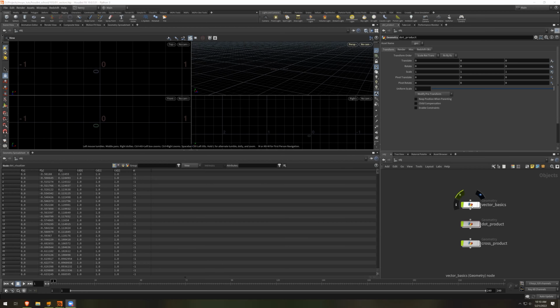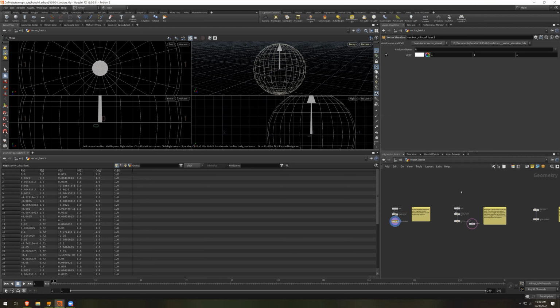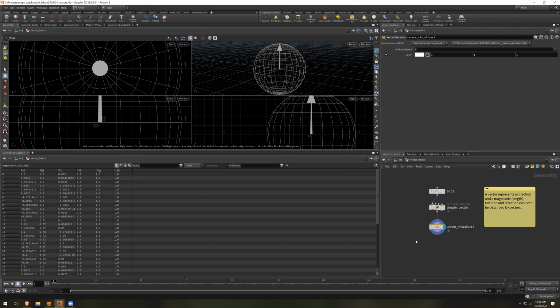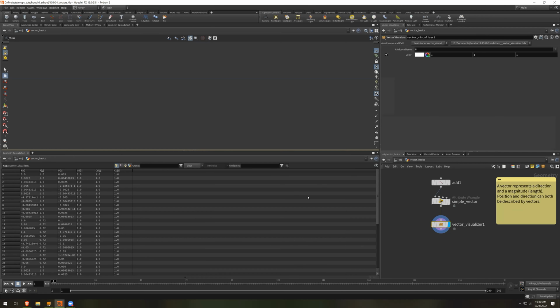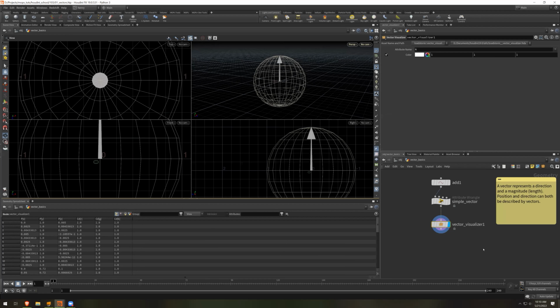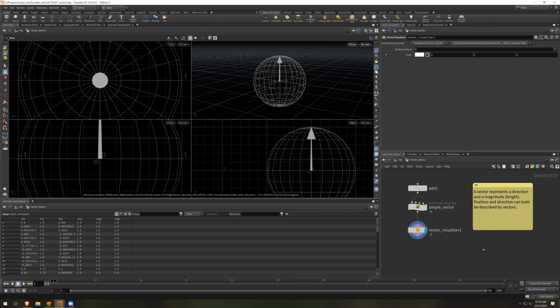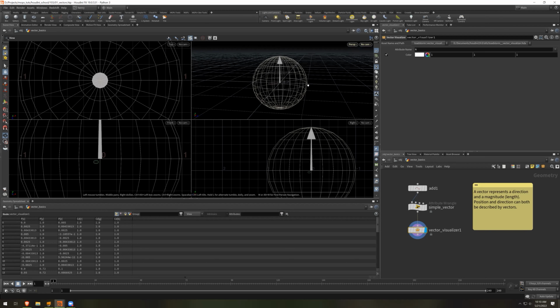If you open up vector basics here and go to visualizer 1, a vector is a direction and a magnitude. All it's saying is, it's an arrow of a certain scale that's pointing in some direction. The way you typically think about vectors is as a direction pointing out of the origin, although you'll find out very soon that it doesn't necessarily mean that conceptually when you're talking about things like position vectors.